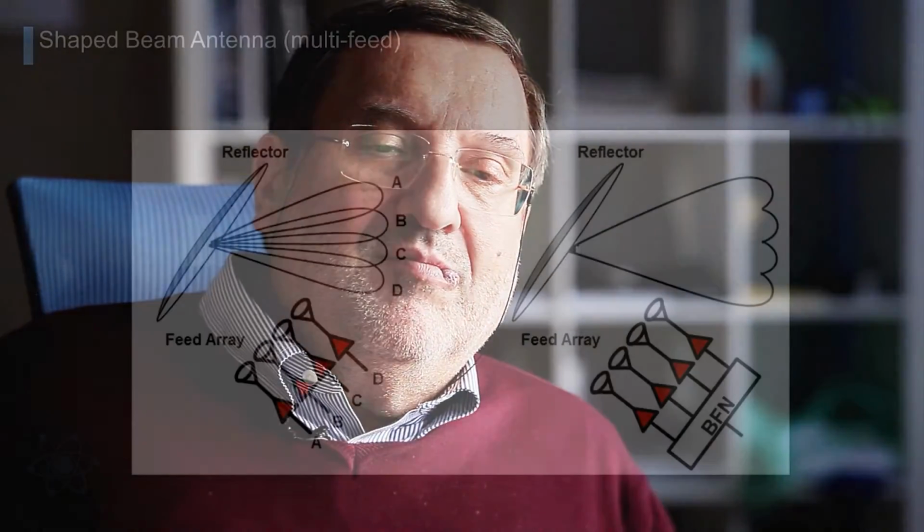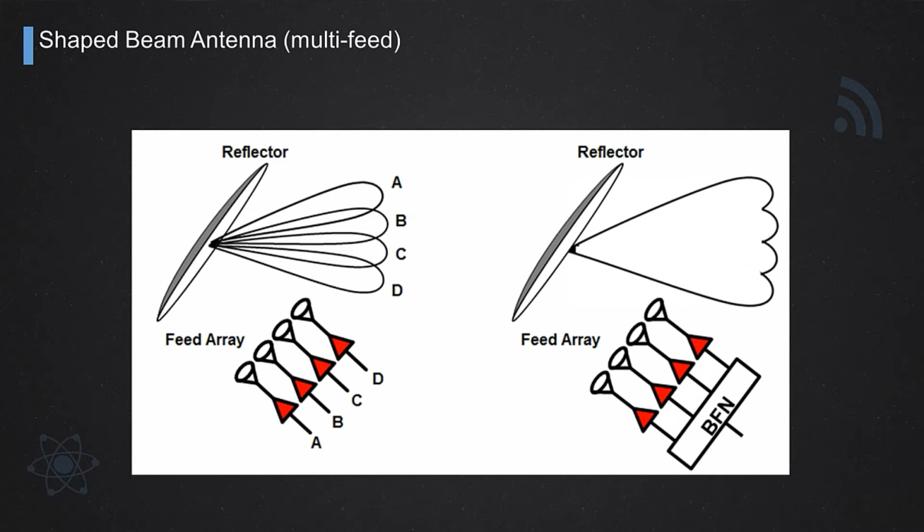The concept is maybe better expressed in the present slide. On the left side of the slide, we see the previously shown multi-spot approach, so an aperture, a reflector, fed by individual feeds. Each feed is carrying a different signal, so it is generating a different spot over the Earth.